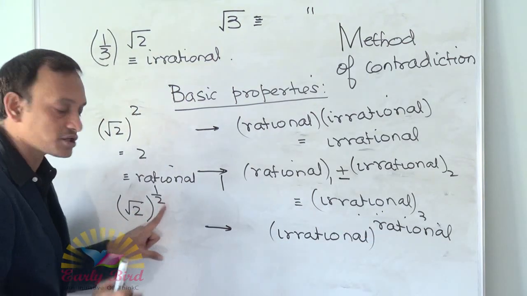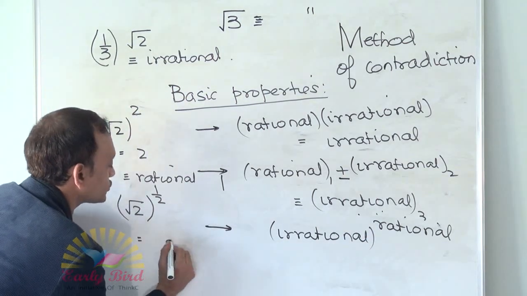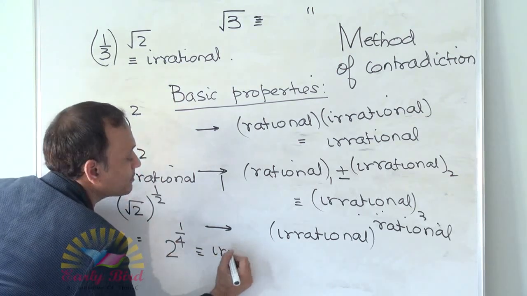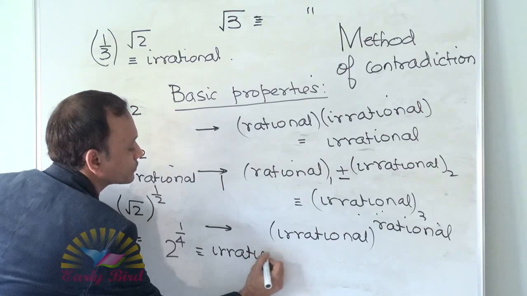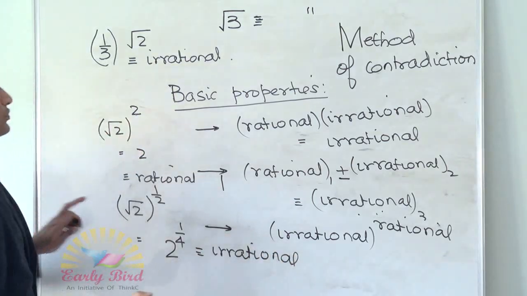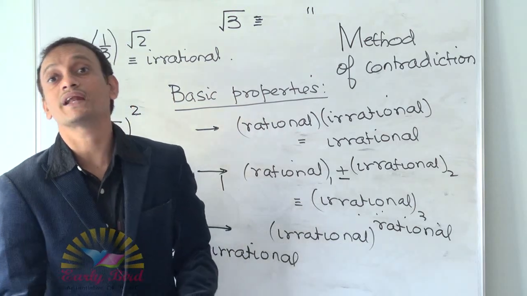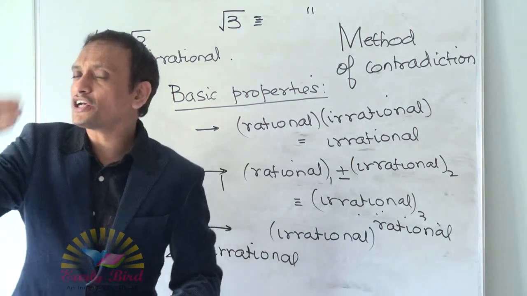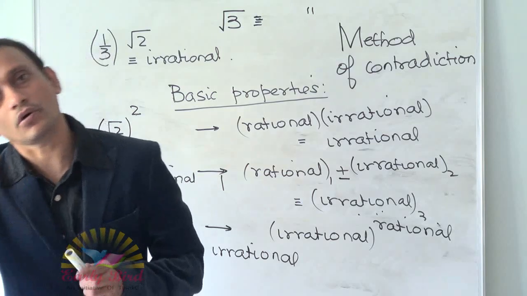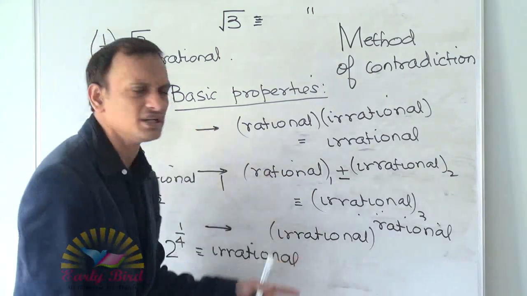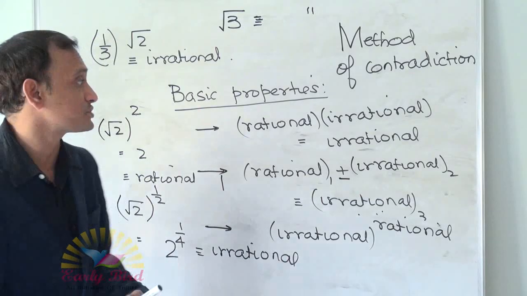This is actually 2 to the power 1 by 4, which we can establish is irrational. So irrational to the power rational can be rational as well as irrational. And rational to the power rational can also be rational as well as irrational. So these are some of the basic properties of irrational numbers, right?